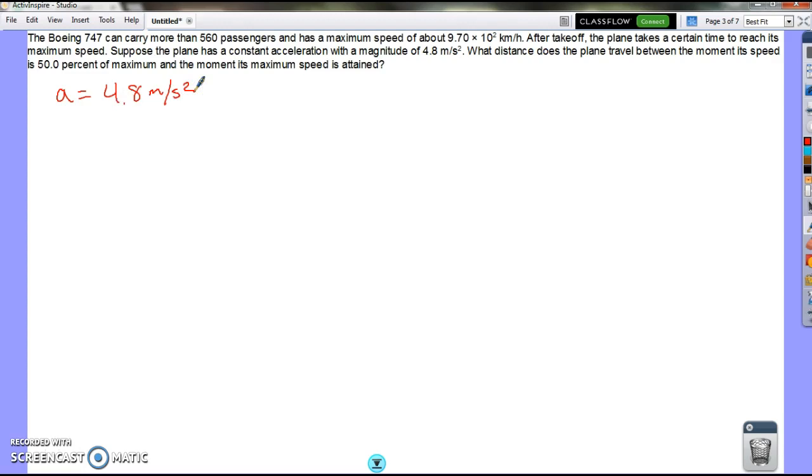At what distance does the plane travel between the moment its speed is 50% of its maximum and the moment its maximum speed is attained? So delta x is what we're looking for. V max is 9.7 times 10 to the 2 kilometers per hour.